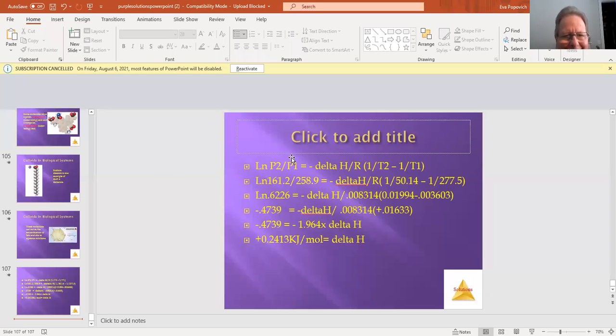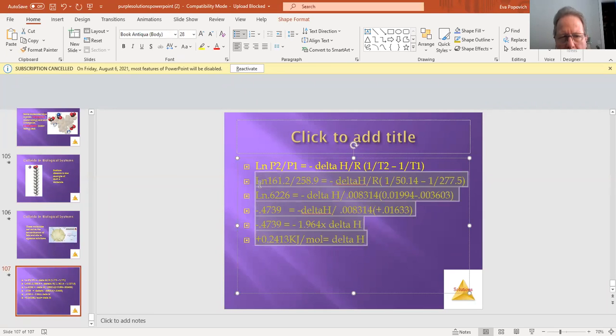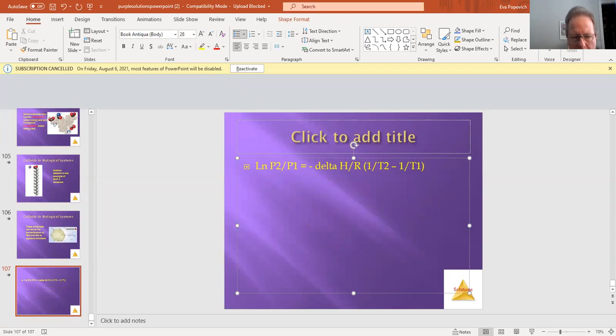Okay, so again, the top line is the one that we need to deal with. I don't know what the pressure is at 308.1, but I do know what it is at 286.6. So I've got to plug in my values.